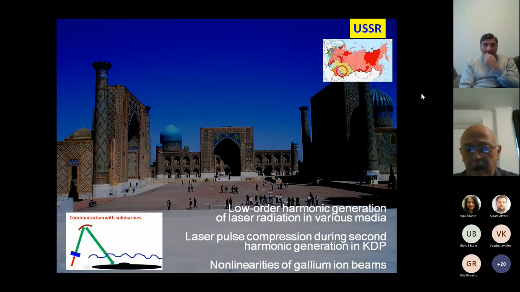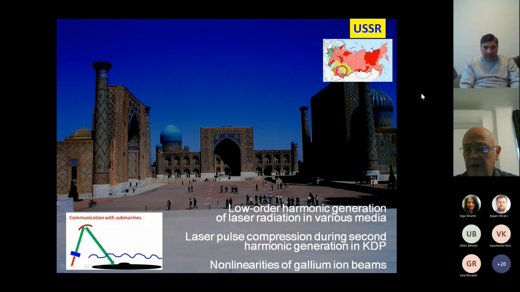Initially, I worked with low-order harmonics generation of laser radiation in various media. Those were the first stages of nonlinear optics, which could be analyzed at all times due to the absence of strong laser fields, and I studied those processes in many materials.